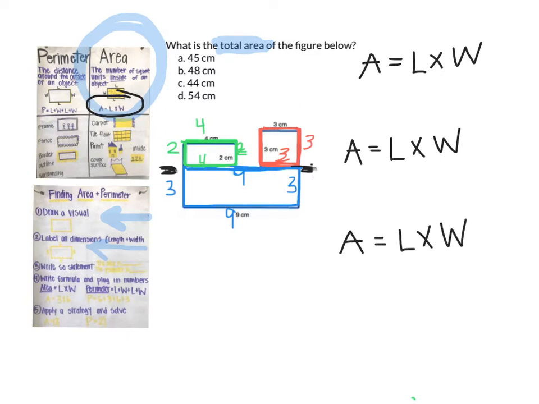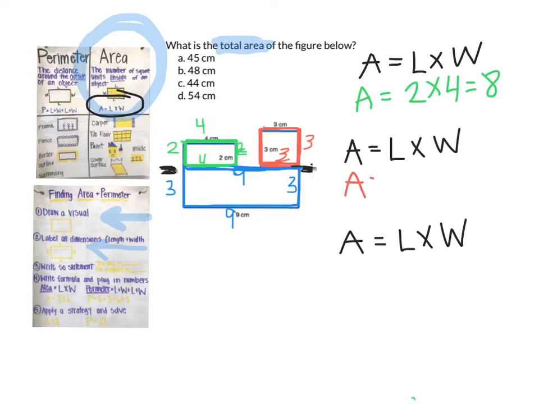Now we can go ahead and solve area for each. Starting with my green rectangle, area equals length times width. My length is 2. My width is 4. 2 times 4 is 8. Moving on to my red square.